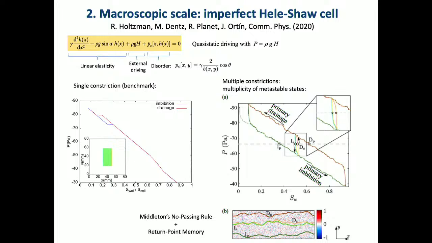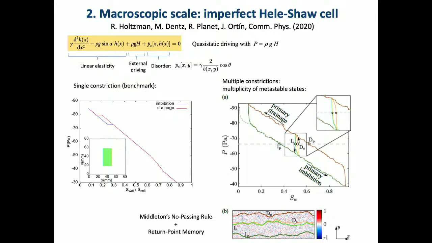But how can you reach them? Well, here it is clear that for one given pressure, you have at least here 1, 2, 3, 4 different equilibrium states that you can reach. 2 of them are during imbibition, and 2 of them are during drainage. But they all are stabilized at the same pressure, which is quite amazing. And actually you could have many more.